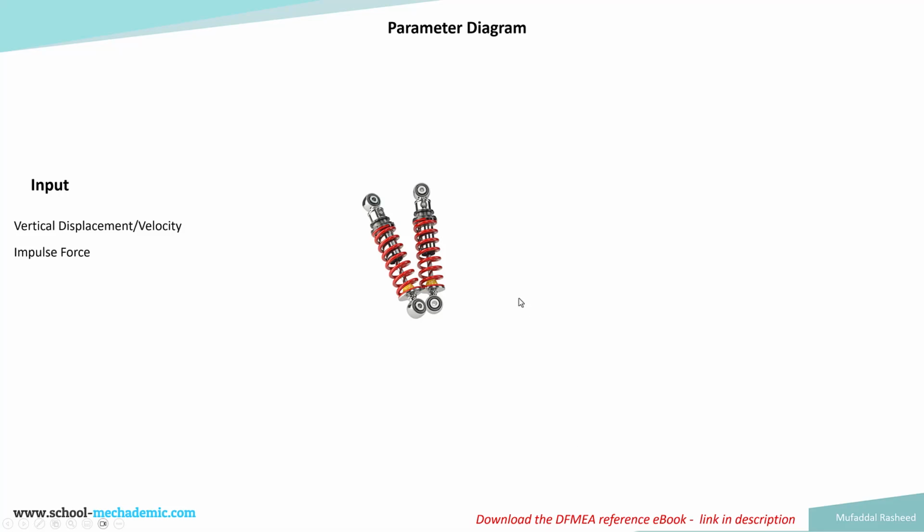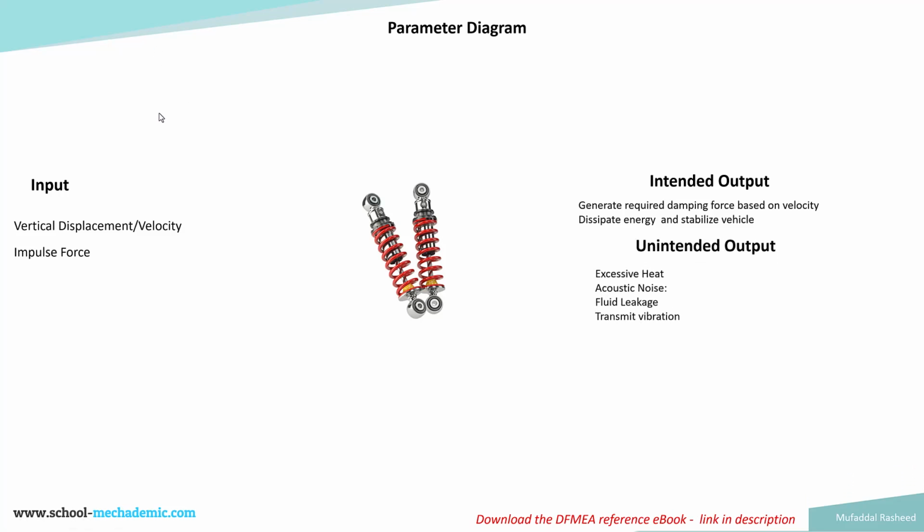Now, the intended output for the shock absorber in terms of its functional performance or in terms of its purpose is that it should generate required damping force based on the velocity. So based on the velocity, it should generate the required damping force and also dissipate the energy and stabilize the vehicle. That is the intended output, what the shock absorber should perform.